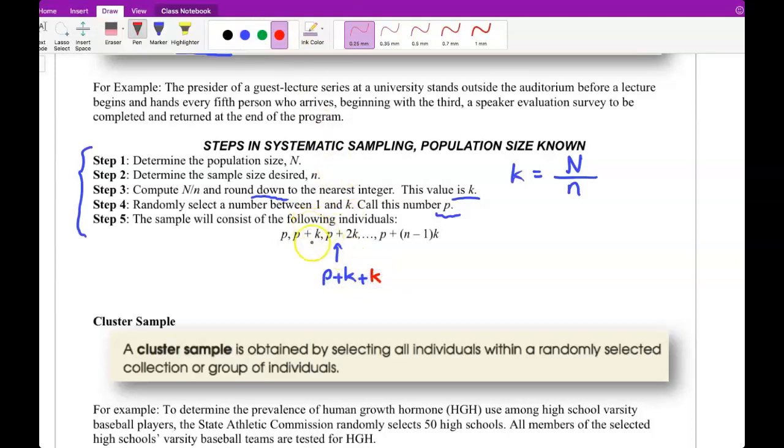So we're adding k to each one. You can see what I'm doing here.